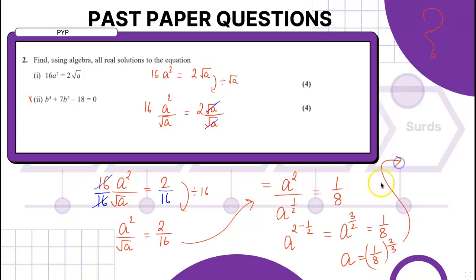We have to think of the bottom number. So the cube of which number gives you 8? It is nothing but 2 cubed, and outside you have 2/3. That would be cancelled. You are having 1 over 2 squared, that is nothing but 1 over 4. So this is what the answer is.